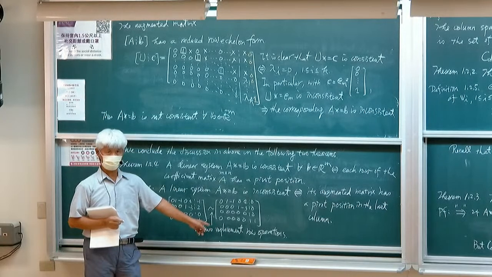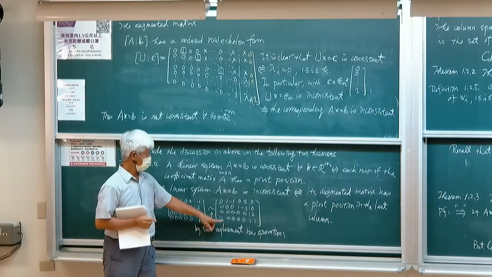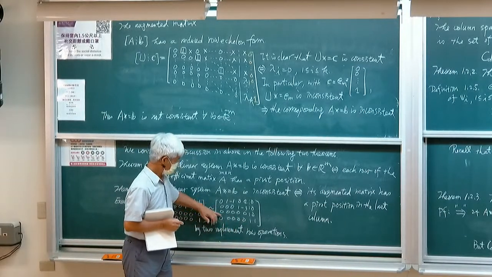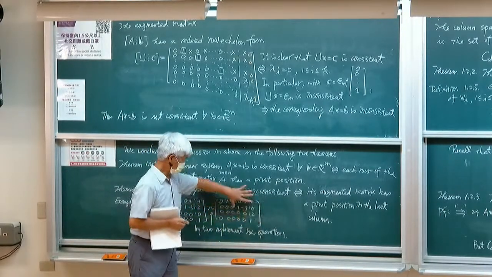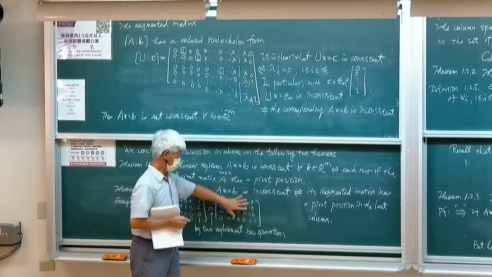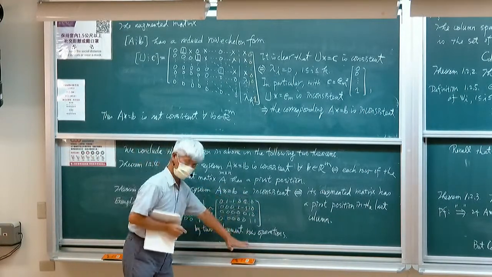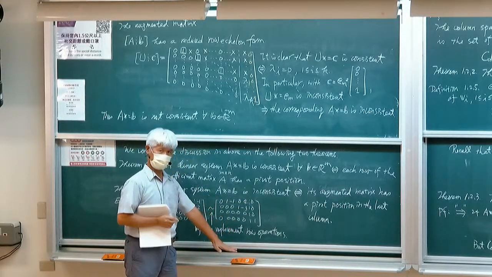Why? Because all the 0 rows in a matrix which is in reduced row echelon form must be at the bottom of the matrix.